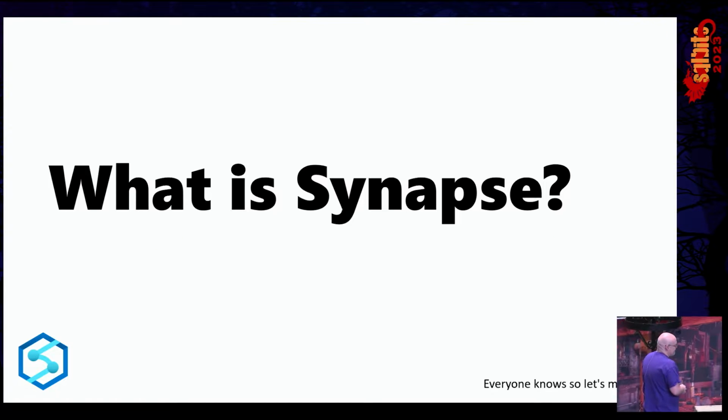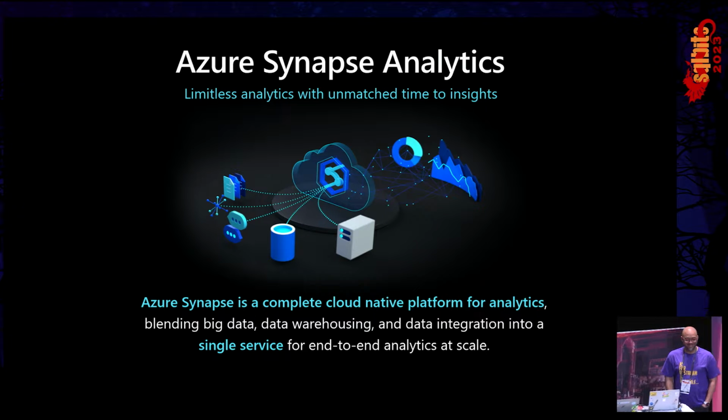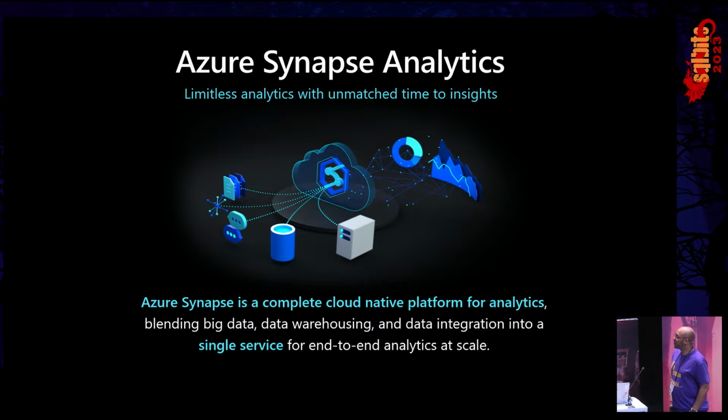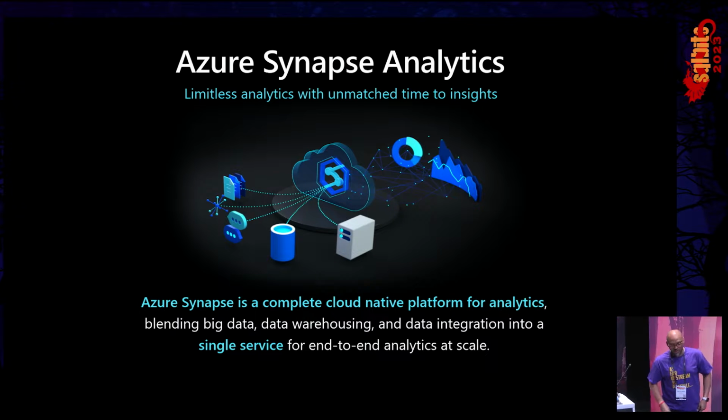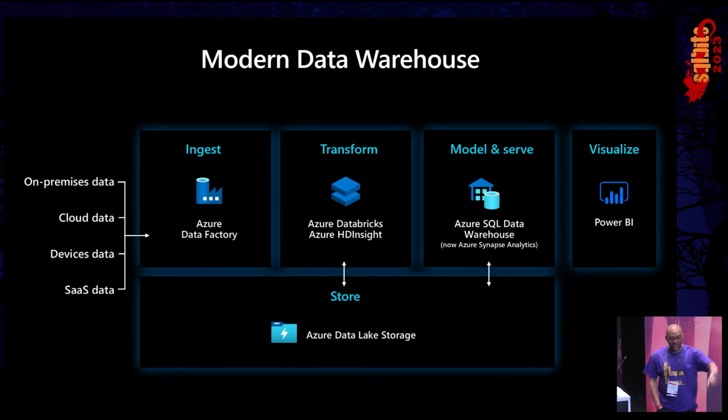All right, Patrick, what is Synapse? A lot of things. Synapse, it's like a complete solution. I think Microsoft calls it a platform on this marketing slide. But it's a complete solution that allows you to build your data estate. Like if you want to extract data from some source, you can use Azure Data Factory or pipelines.